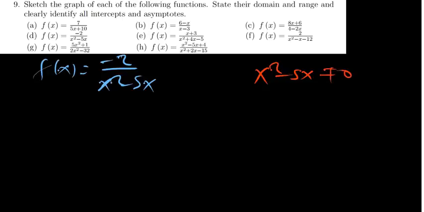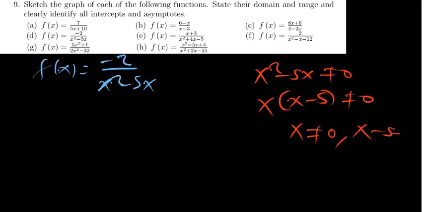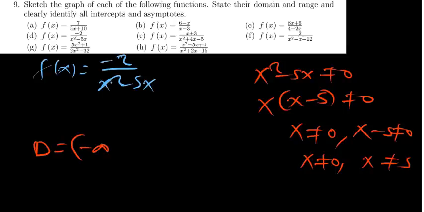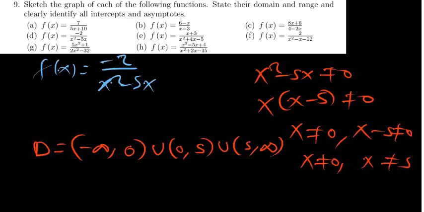I can factor out x here, so x(x minus 5) not equal to 0. x not equal to 0 and x minus 5 not equal to 0, so x should not be equal to 5. So the domain is from negative infinity to 0, not included, union from 0 to 5, not included, union from 5 to positive infinity. That is my domain.